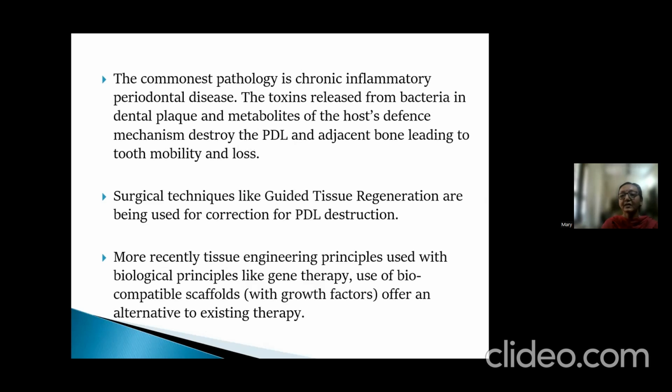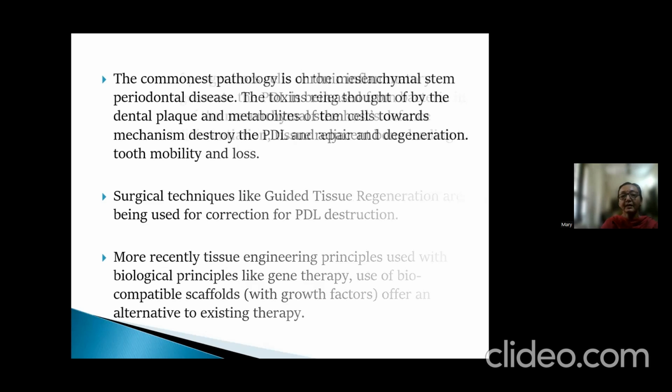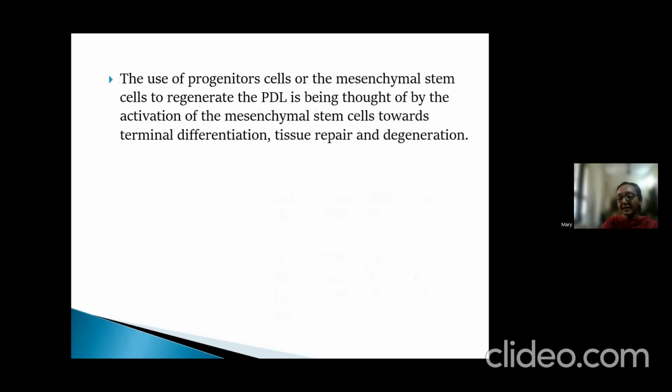Though they have achieved regeneration in other areas, cemental regeneration is still a distant dream for researchers. A more recently introduced principle is the tissue engineering principle, which utilizes biological principles like gene therapy and biocompatible scaffolds with growth factors, which is an alternative therapy. Here they use mesenchymal stem cells to regenerate the periodontal ligament.